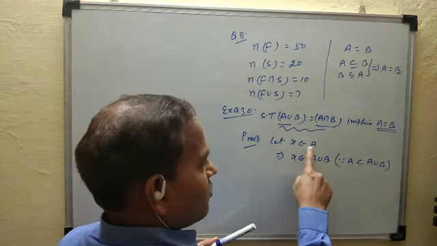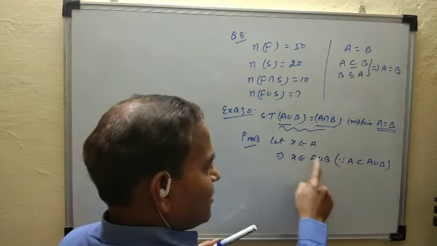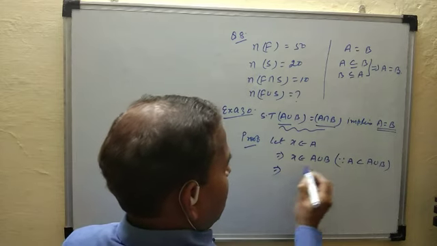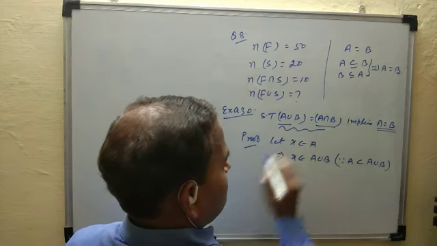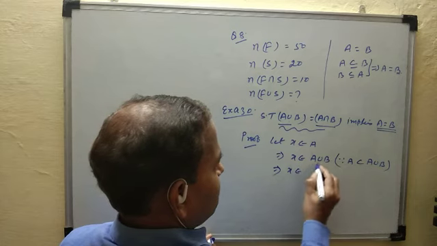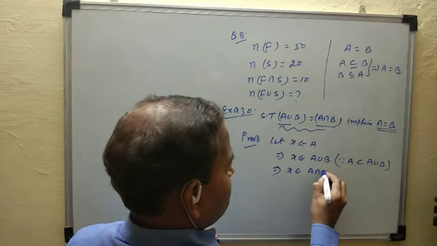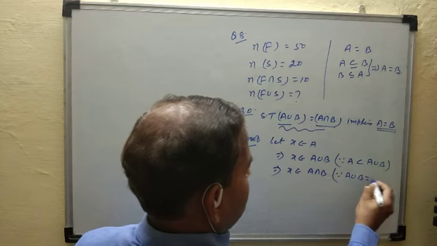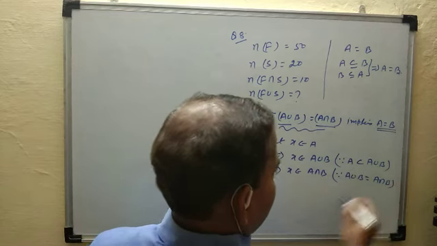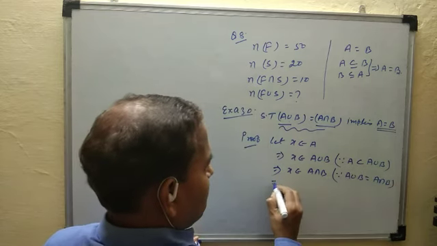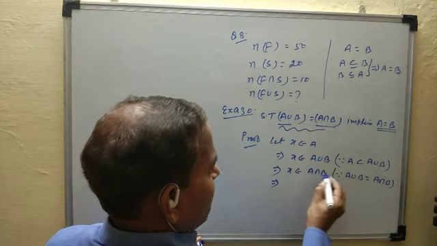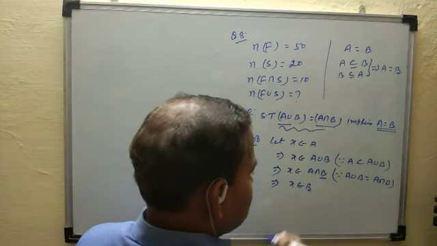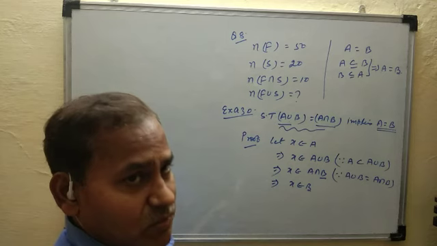If X belongs to A, then that X also belongs to A union B. And A union B is equal to the given A intersection B. So this implies X belongs to A intersection B. This implies X must belong in set B, that is X belongs in both sets.